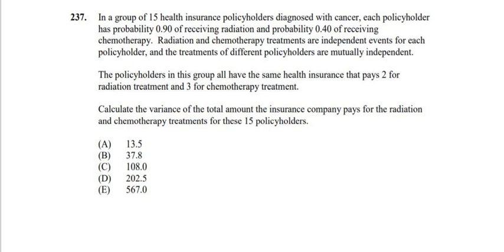So for this problem, let's say we calculate the variance of the total amount the insurance company pays. So we want to find the variance of total pay. So total pay, we have two things now: pay this and pay this.